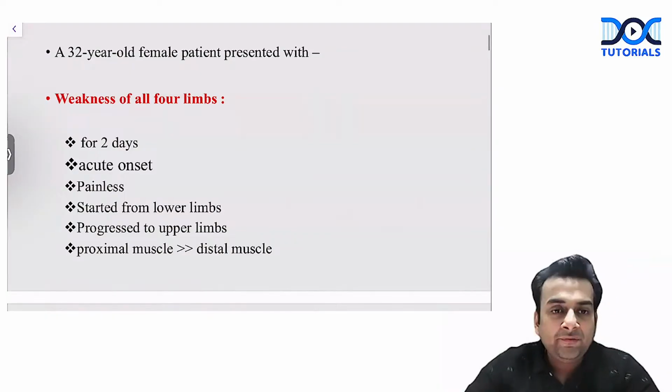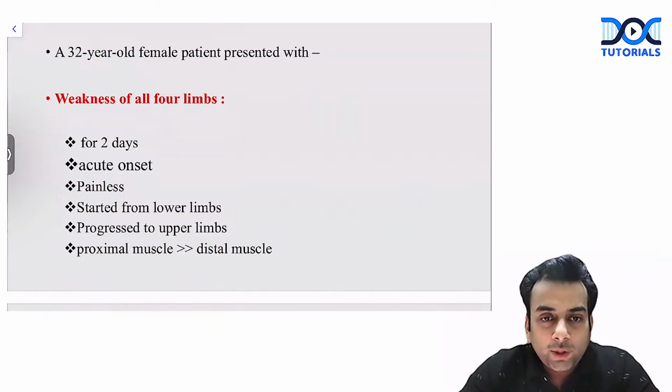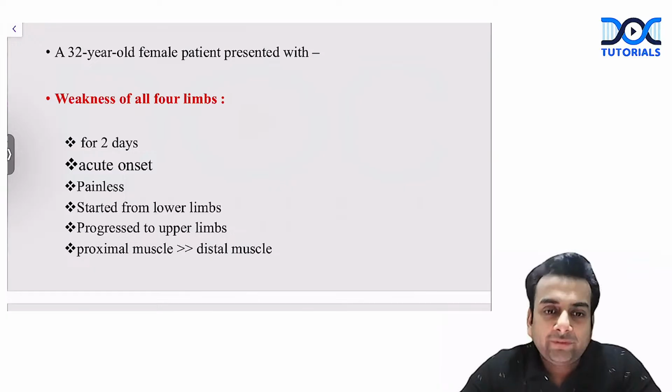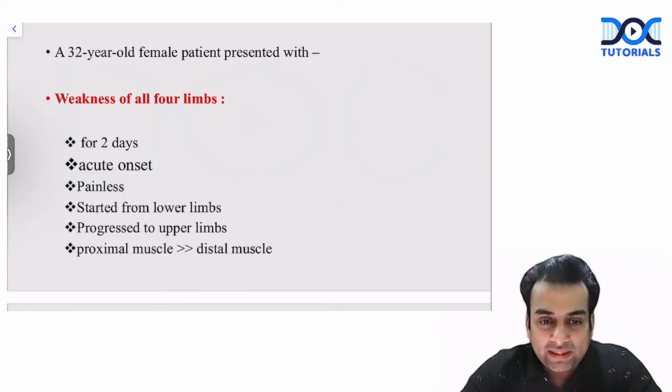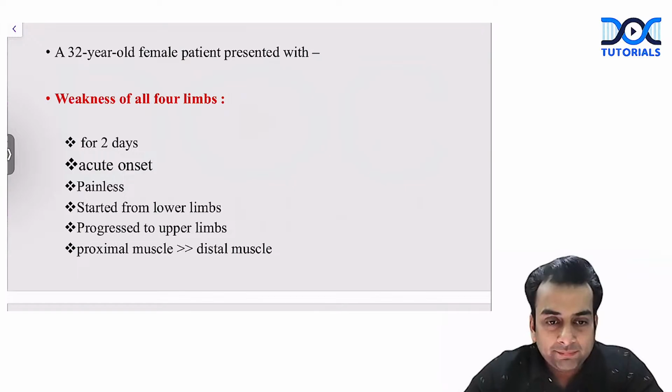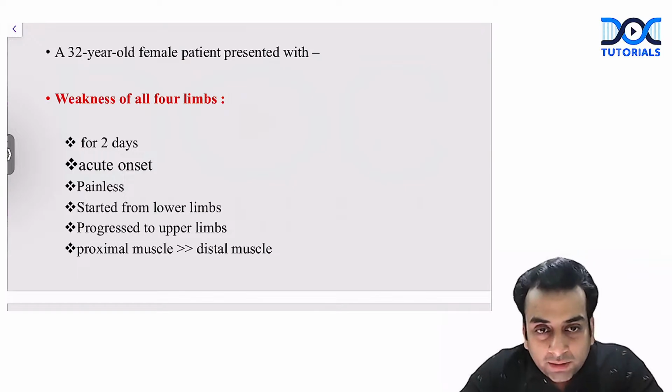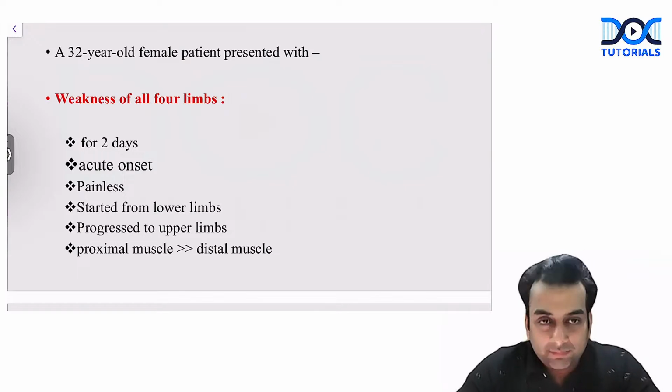We have with us a 32-year-old female patient who presents to us with weakness of four limbs. Yes, you read it right. Weakness of four limbs for 2 days, which is acute in onset. It is a painless weakness, started from the lower limbs, progressed to the upper limbs, and it involves the proximal muscles more than the distal muscles.